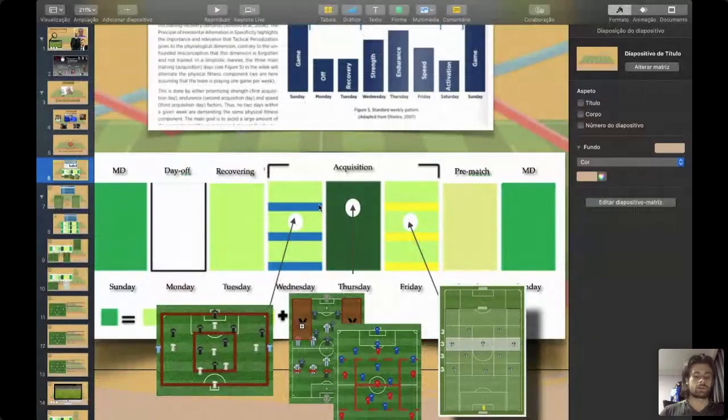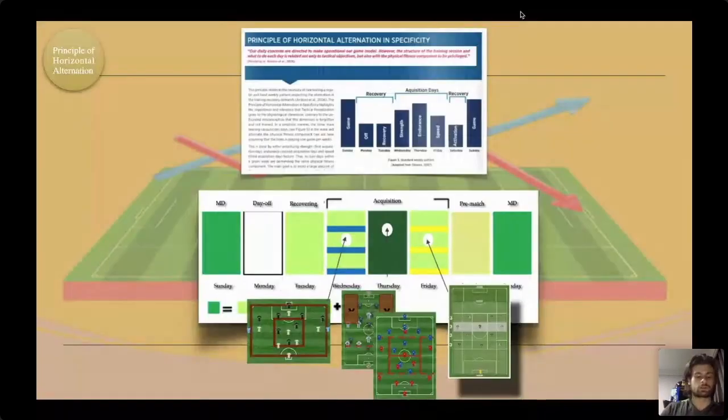That's why on this day we put more small-sided games, because their relations are lower than on Thursday, right?